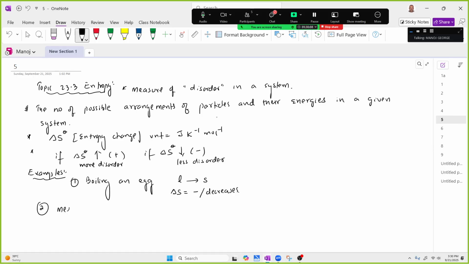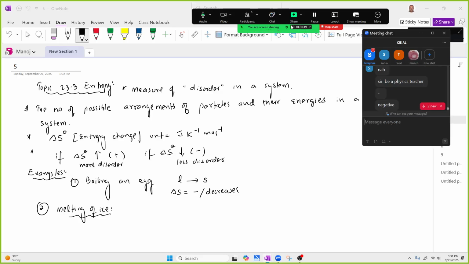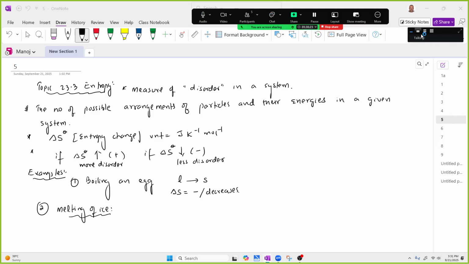What if I give you this situation? Melting of ice. Now think, is it going to be plus or is it going to be minus? Just write plus or minus. Melting of ice. So H2O solid, when it changes to H2O liquid, do you think entropy is becoming more or becoming less?